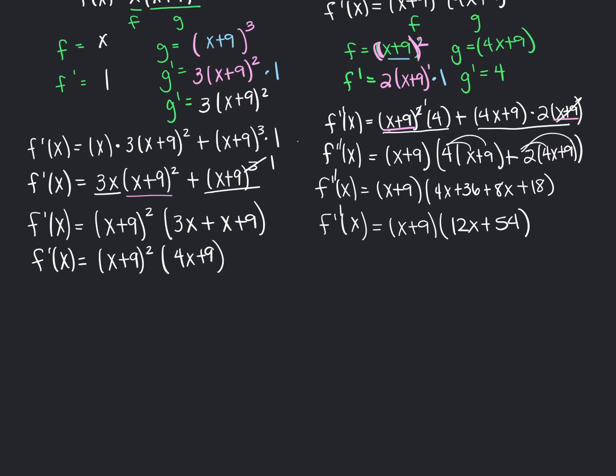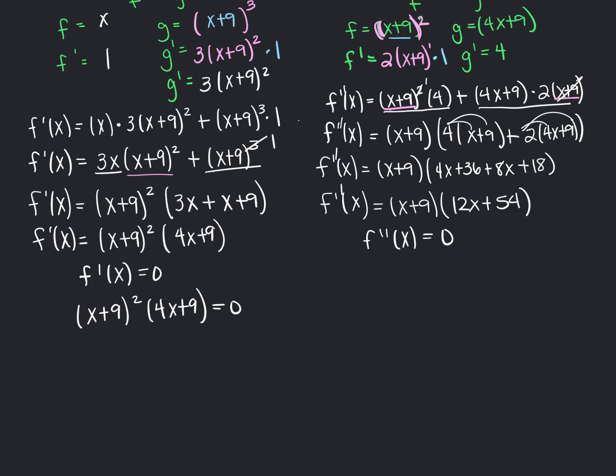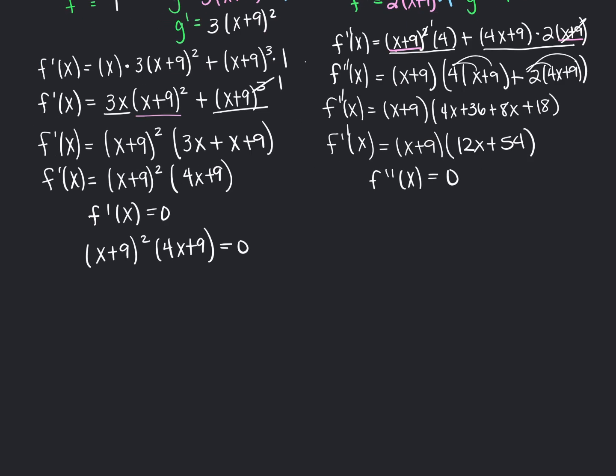So what we've been asked to do is figure out, what are my x values when f prime of x equals 0 and when f double prime of x equals 0. So when f prime of x equals 0, that means I'm going to have (x + 9)² times (4x + 9) equal to 0. So we can just set each part equal to 0. I have two x + 9s, but I only have to set one of those equal to 0 because I'll get the same result.